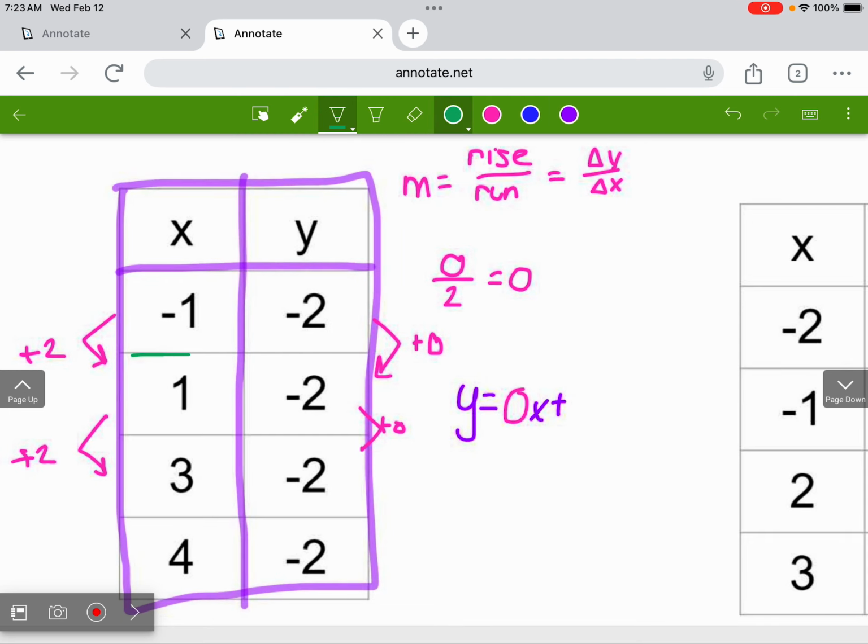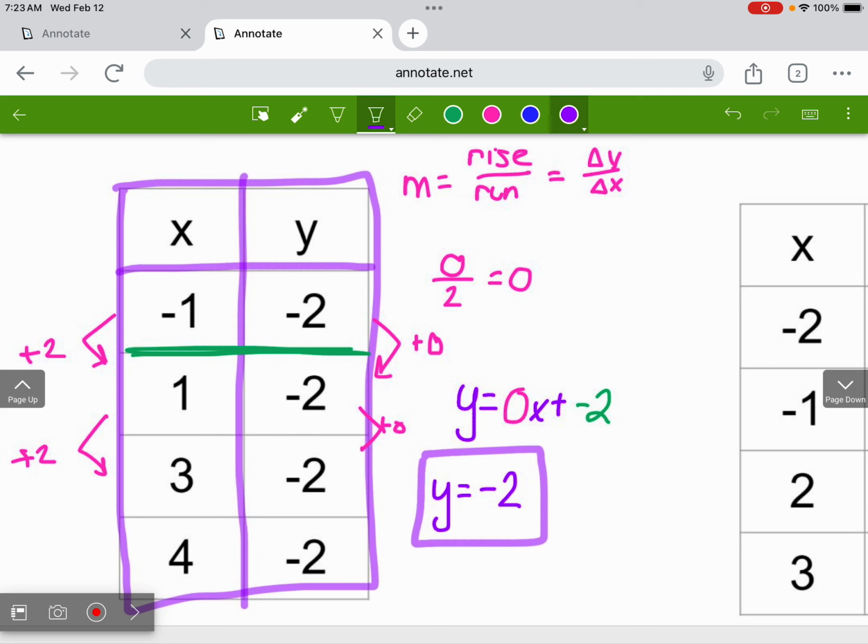We'd want to know what happens when x is 0, and it's not changing, so it's going to be the exact same thing, -2. We could simplify this because 0 times x is just nothing. So this is going to be y equals -2 as our equation. So that's how we get that one.